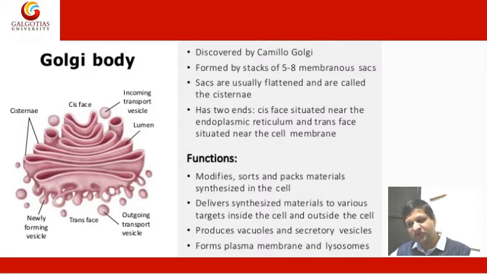Function of Golgi body: it modifies, sorts, and packs material synthesized in the cell, and delivers synthesized materials to various targets inside the cell and outside the cell. It produces vacuoles and secretory vesicles, and forms plasma membrane and lysosomes.